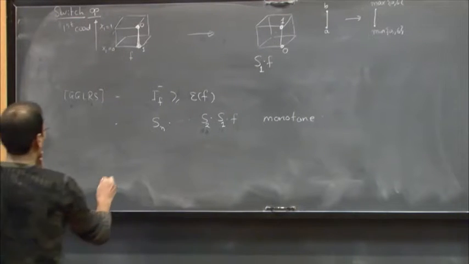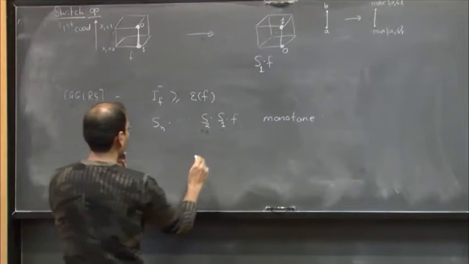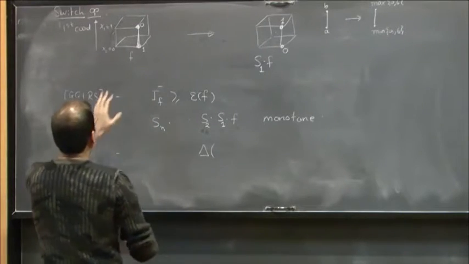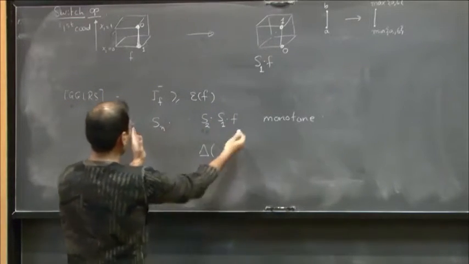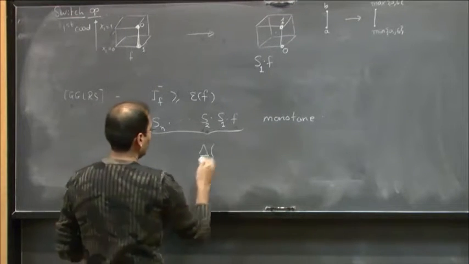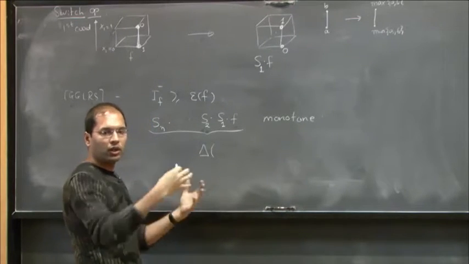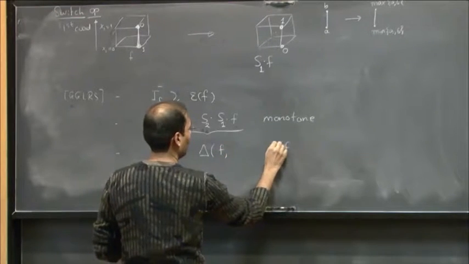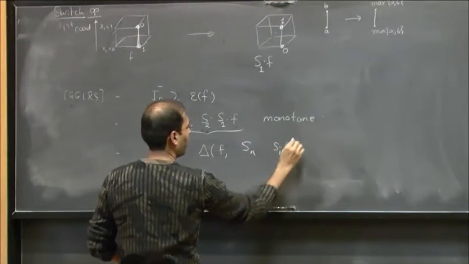Now, here is something nice. You moved from the original function to this final function, which is monotone, right? So now you can ask, what's the fraction of entries of the function that I changed? So the Hamming distance between the function f and this final function.